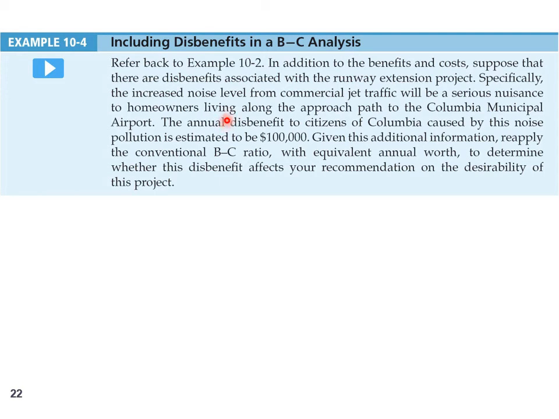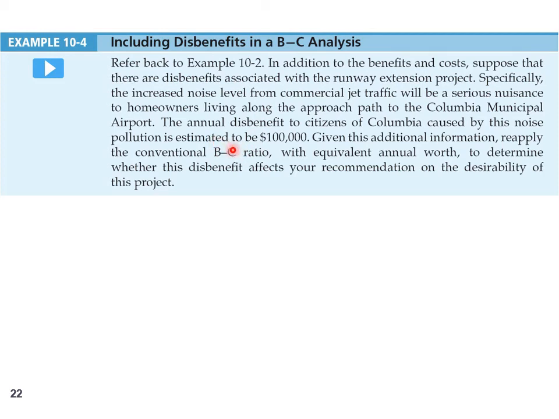And this disbenefit due to this noise pollution is estimated to be $100,000. Okay, one thing is, how can we estimate the cost of this increased noise? It's very difficult, okay? It's not easy. It's not something that you can measure.